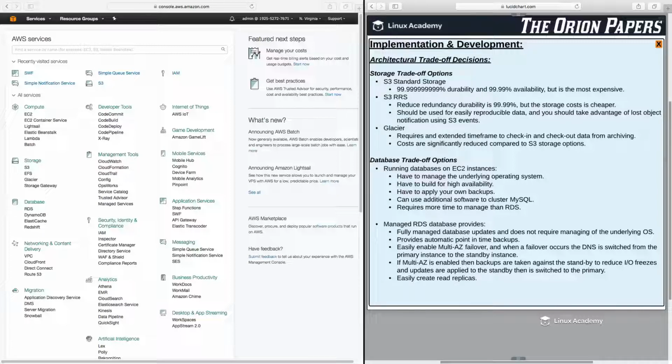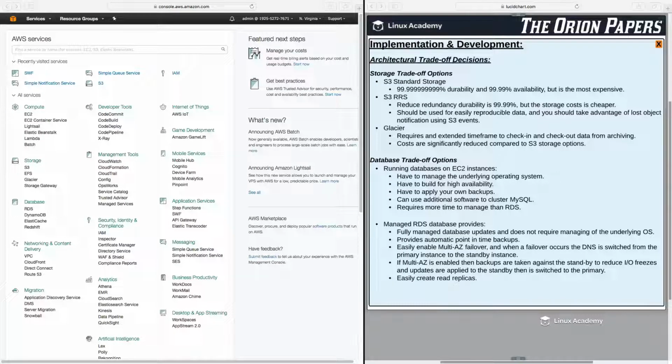Now, flipping over to the other side of this and looking at a managed RDS service, we should already know that fully managed databases are updated for us and do not require managing the underlying operating system. They also provide automatic point-in-time backups. And we can easily enable multi-AZ failover, and when a failover occurs, the DNS is switched from the primary instance to the standby instance.